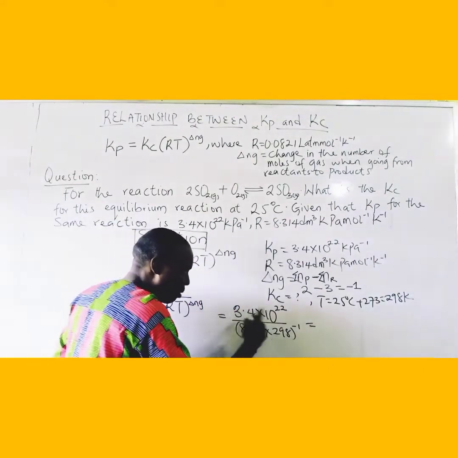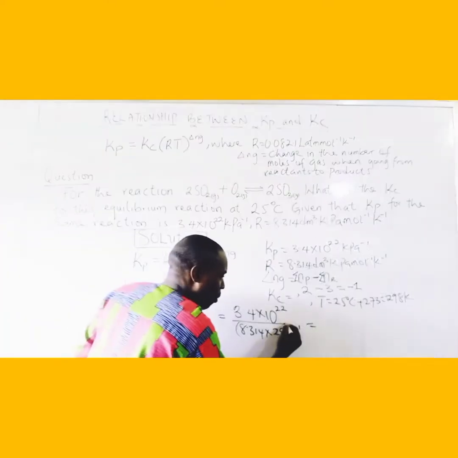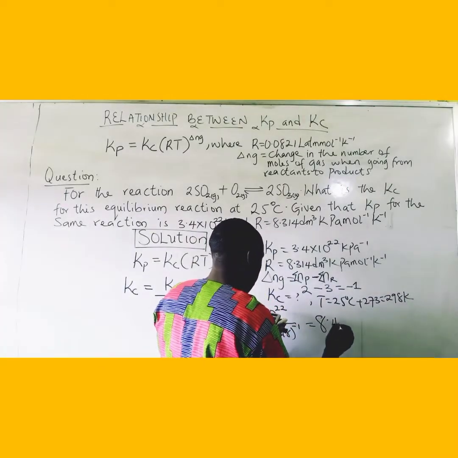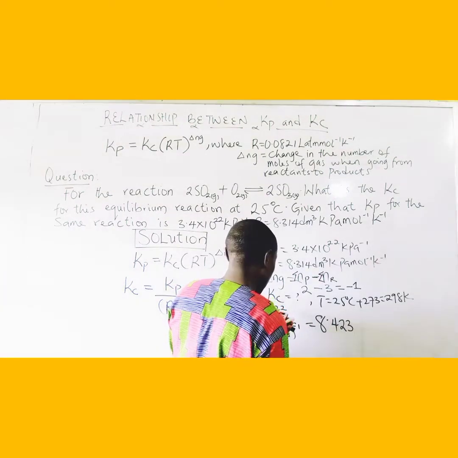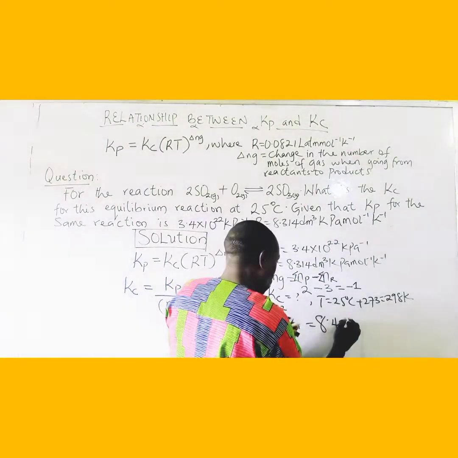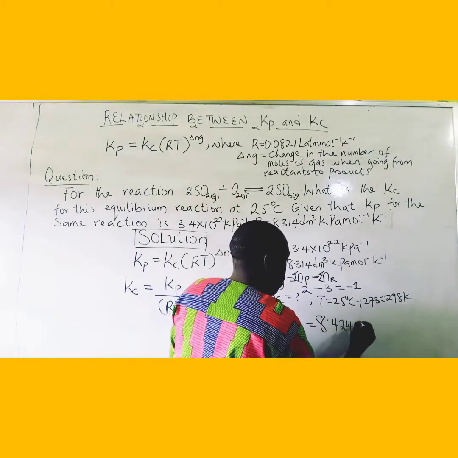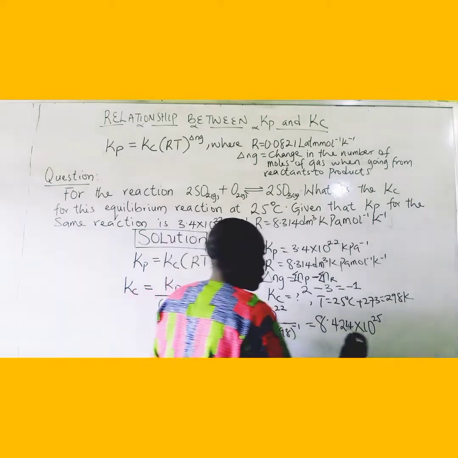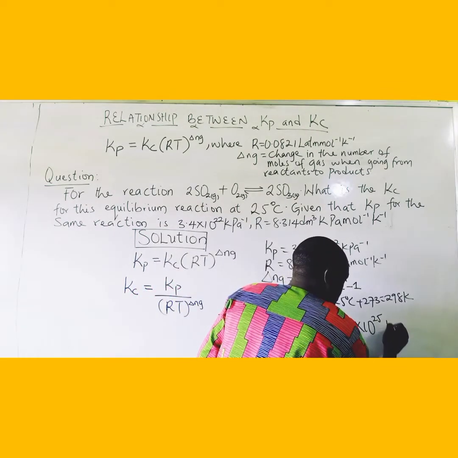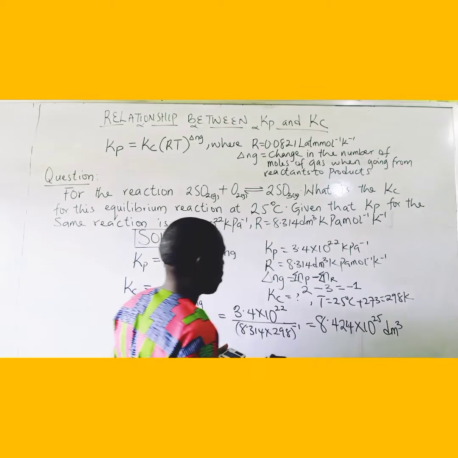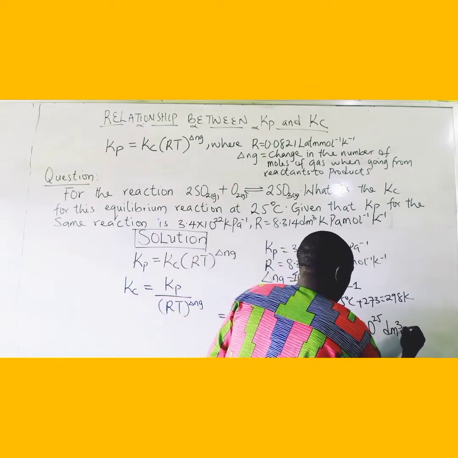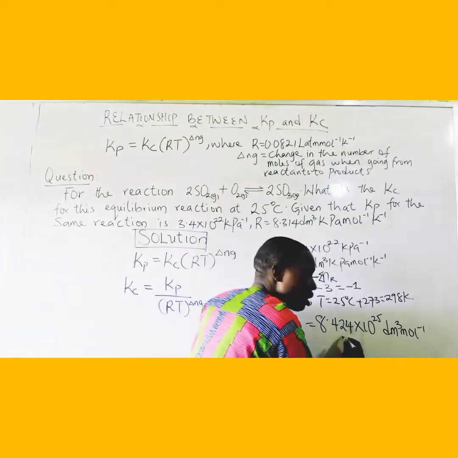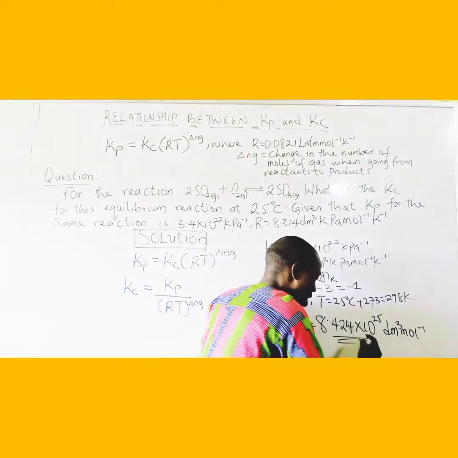When you divide, your final answer should give you 8.423 times 10 raised to the power 24, in units of mole per cubic decimeter. That is how easy it is. So that gives us our final answer.